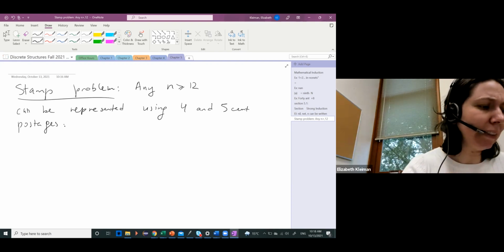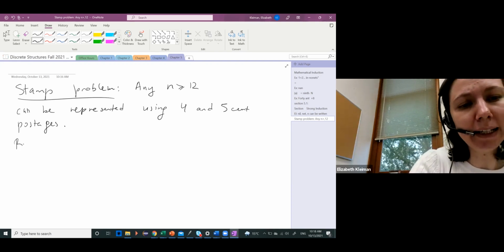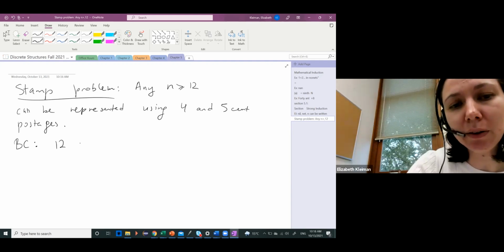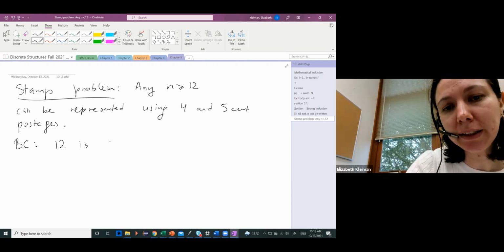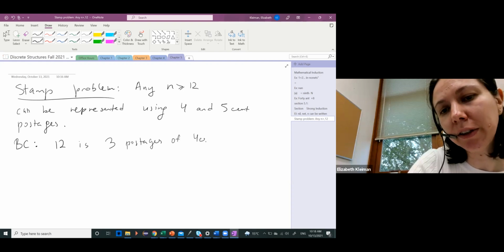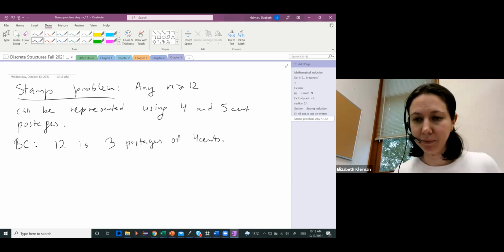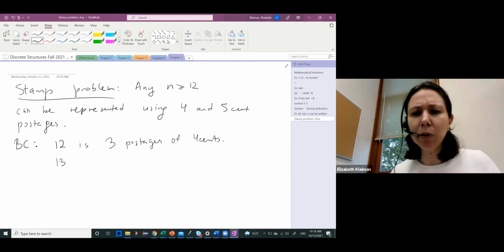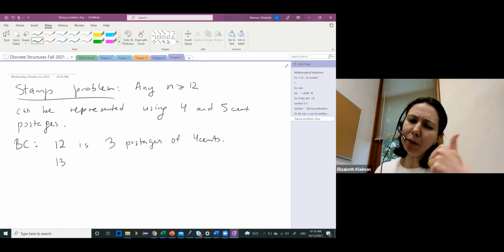So in this case, my base case is easy. I need to show you how to get 12. So 12 is 3 postages of 4 cents. Now I'm going to do a couple for you because I will need to go back a couple of steps.